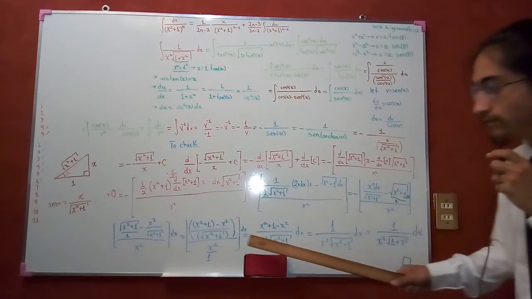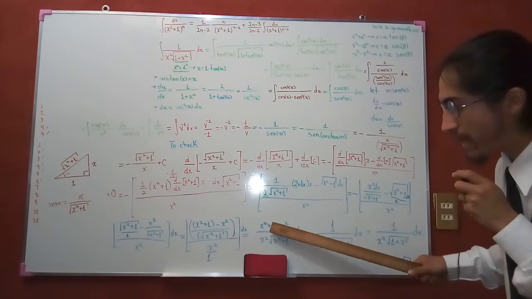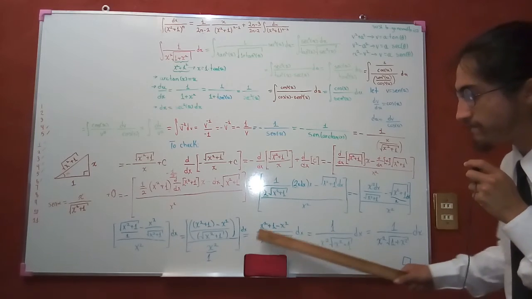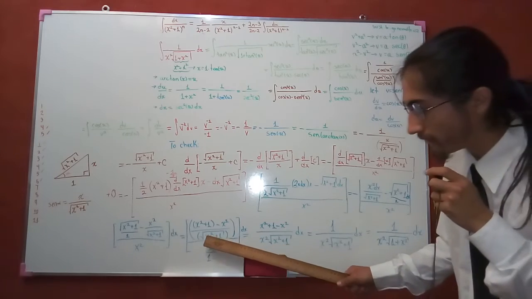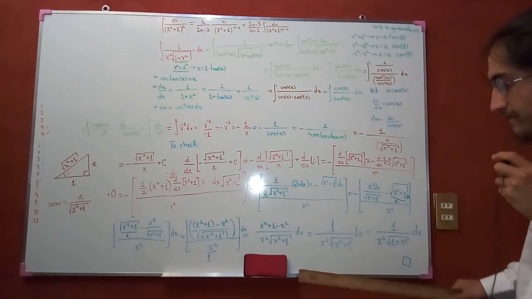This is equal to x squared plus 1 minus x squared divided by x squared multiplying the square root of x squared plus 1 dx.